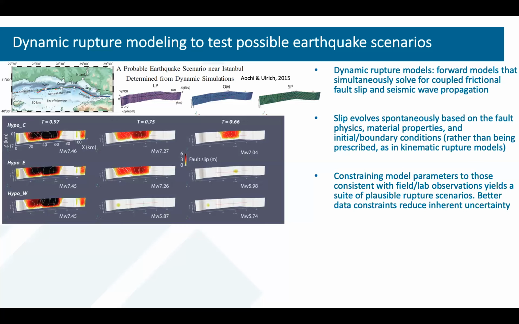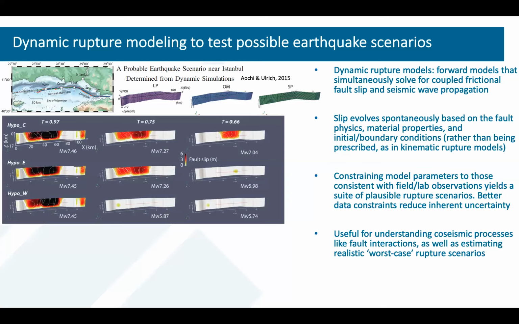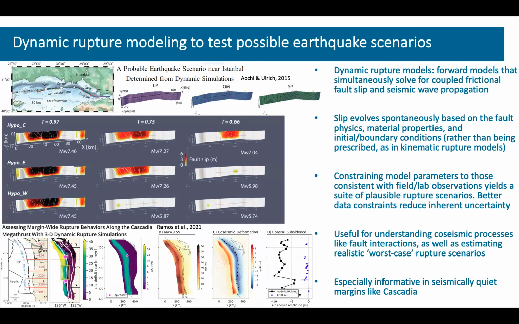And the more we're able to constrain model parameters in dynamic rupture models with field and lab observations, the more we're able to reduce the inherent uncertainties in these families of models and start to work down to a pretty well-constrained group of rupture scenarios that seem plausible for the faults we're looking at. And these can be really useful for understanding fundamental coseismic processes like the interactions between different faults, as well as estimating the realistic worst-case rupture scenarios for faults.